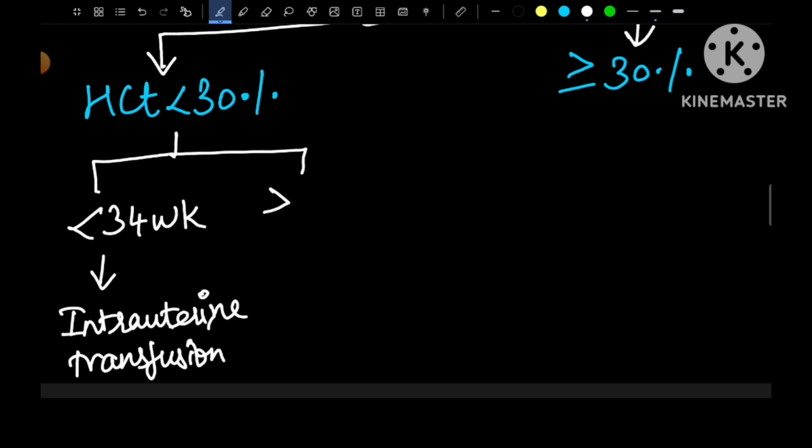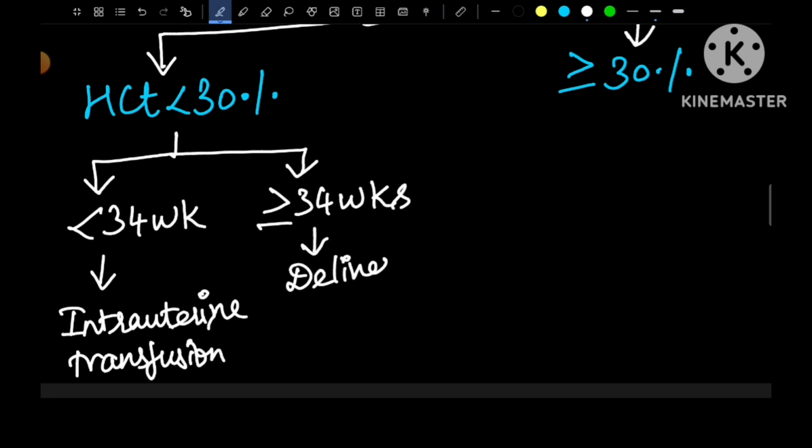If it is more than or equal to 34 weeks, what should we do? We have to deliver after steroids.